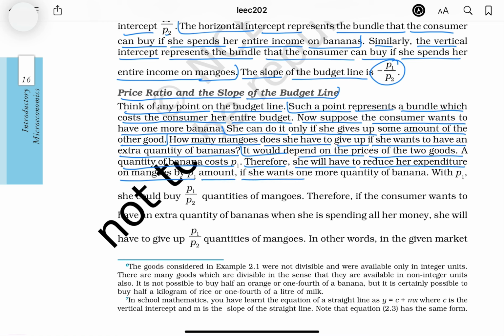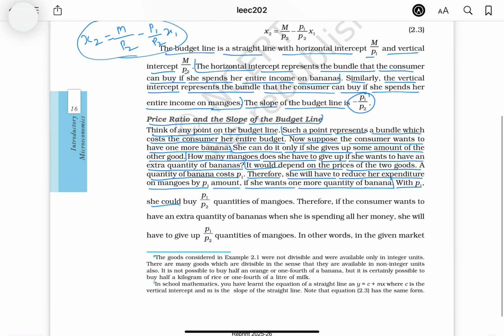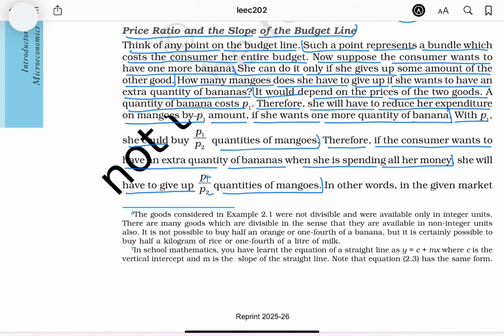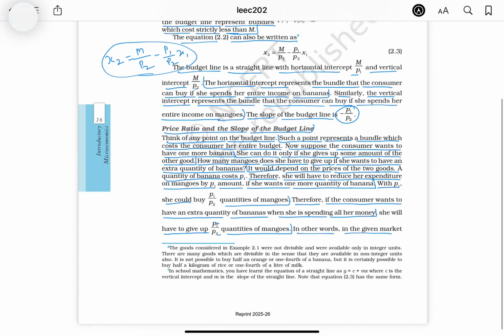If she wants one more quantity of banana with P1, she could buy P1 upon P2 quantities of mangoes. Therefore, if the consumer wants to have an extra quantity of bananas when she is spending all her money, she will have to give up P1 upon P2 quantities of mangoes. In other words, in the given market.